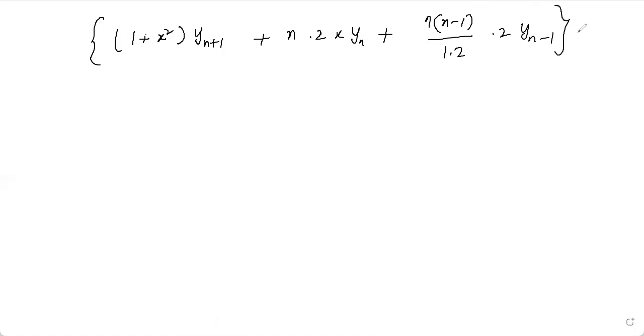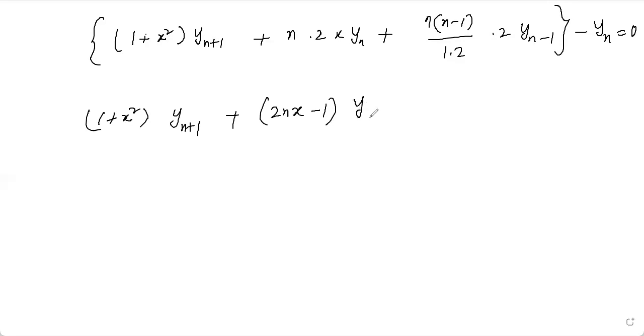And the last term is yn for y. Simply we can write this as 1 plus x square into y n plus 1, plus (2nx minus 1) into yn, plus n into n minus 1 into y n minus 1, equal to 0. So hence we got this result.